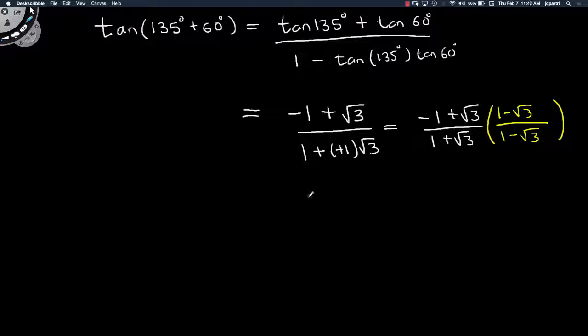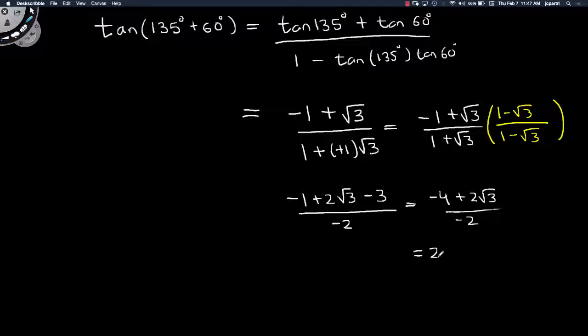And so the numerator becomes negative 1, plus 2 square roots of 3, minus 3, all over negative 2. That's negative 4 plus 2 square roots of 3, all over negative 2, which is 2 minus the square root of 3. And there's the answer. That's the tangent.